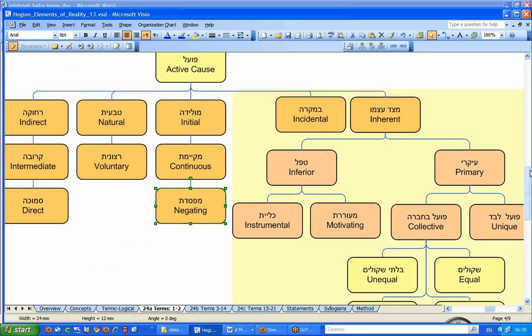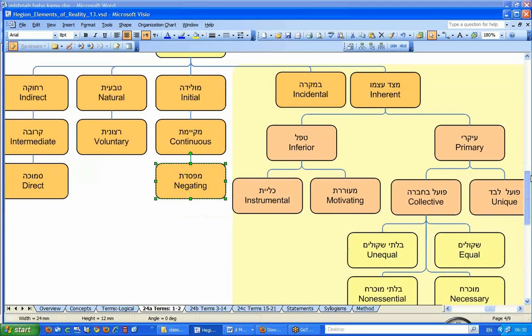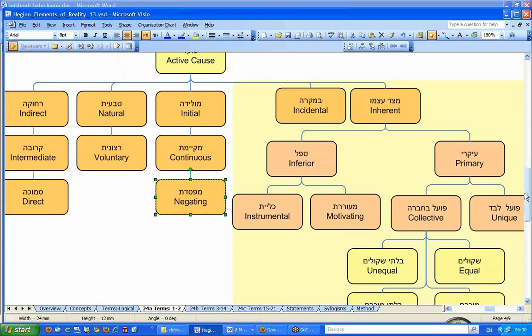Well, indirect's a bad word. Rachok means far away. I don't know why. David wrote indirect. Okay, whatever. Blame him. So here, really, I would say that the noise is a misorer. It aroused the animal to fall.